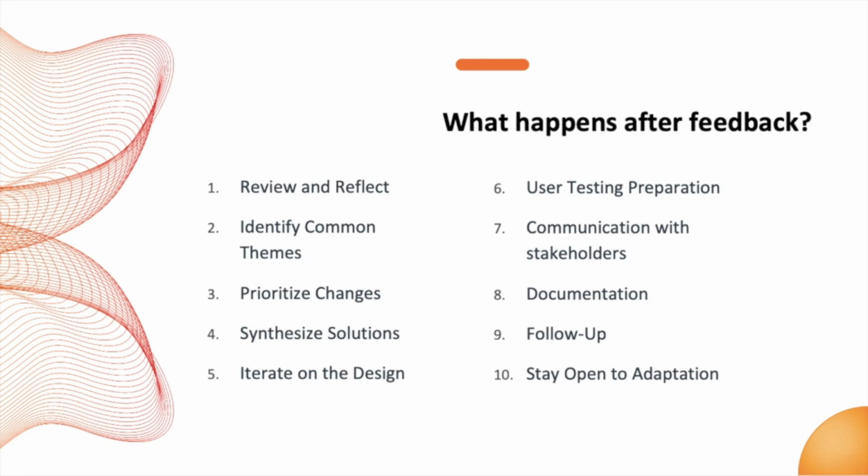Next would be synthesizing solutions, creating solutions for the common themes and issues raised by fellow members and stakeholders during the critique session. Based upon those solutions, we will iterate on our designs and make the relevant changes.